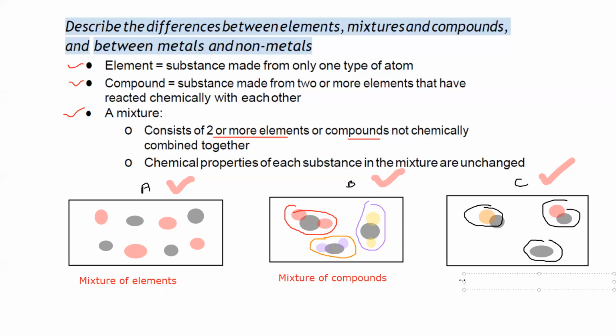C is actually a mixture of element and compound. Is it clear? The concept of element, compound, and mixture. Any doubt till now? Any question or a doubt?